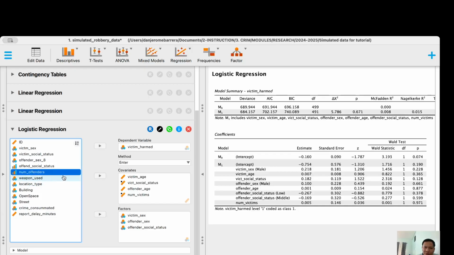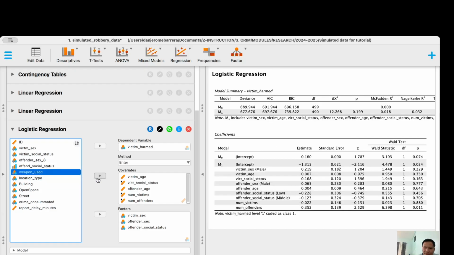Let's go to number of offenders. For number of offenders, the p-value is 0.011, which means that there's a significant relationship between the number of offenders and whether the victim was harmed.